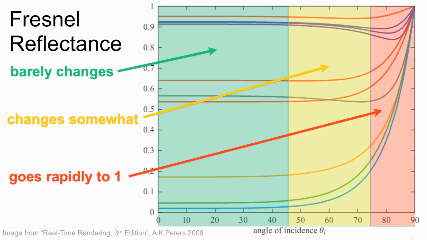If we look again at the graph, we can divide it into three zones. We start out at angle of incidence 0 on the left side of the graph, and it has this constant value, and as the angle of incidence increases, the lines within the green zone remain basically flat. So the green zone is the zone over which the specular reflectance doesn't really change. In the yellow zone, it starts changing slowly, and in the red zone, it changes abruptly and goes to 1.